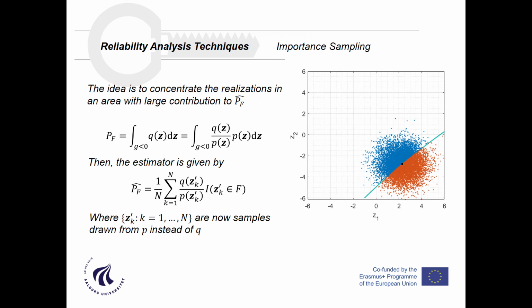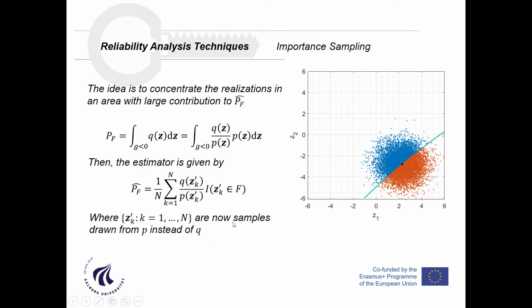So the idea behind importance sampling is that instead of simulating samples at the origin, we're going to simulate samples at the design point. So we're going to obtain many more samples in the failure domain, which will give us a much more accurate solution. So our original integral to calculate the failure probability, we're going to slightly modify it, introducing a new probability density function p.